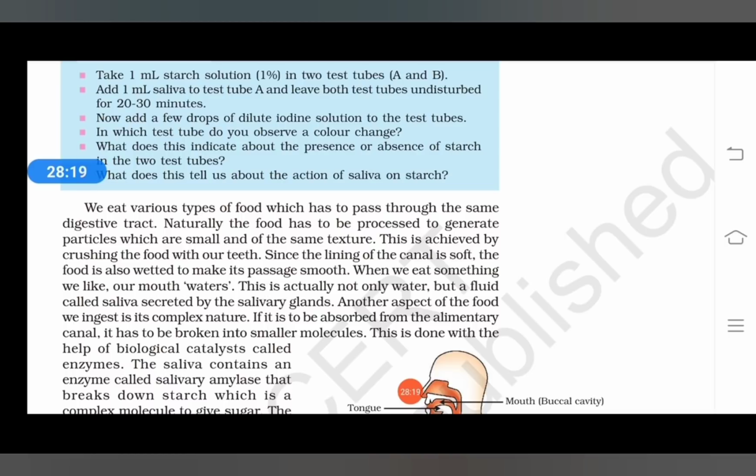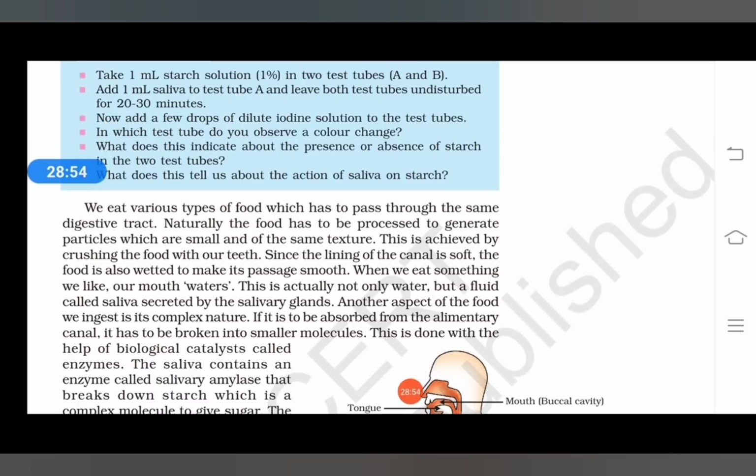When we eat something we like, our mouth waters. This is actually not only water but a fluid called saliva secreted by the salivary glands. Please remember this, saliva is secreted by salivary glands.